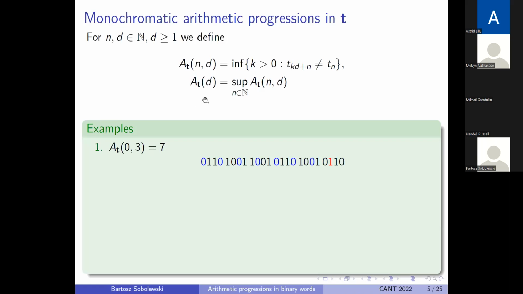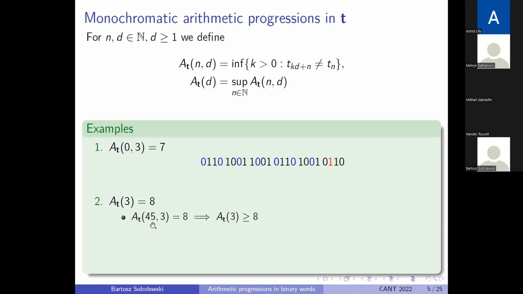And computing general lengths of these progressions, so A_T(d), is a bit more complicated. So let's take the same example with the difference 3. And I will show, without showing all the details, that A_T(3) is equal to 8.